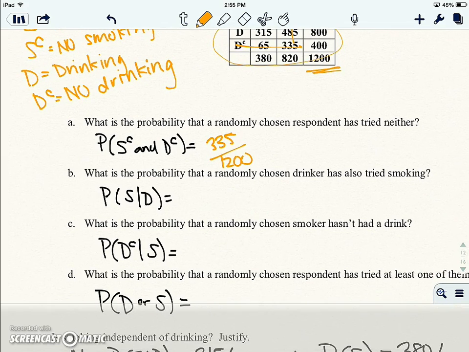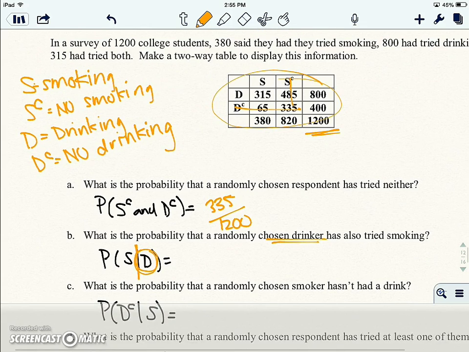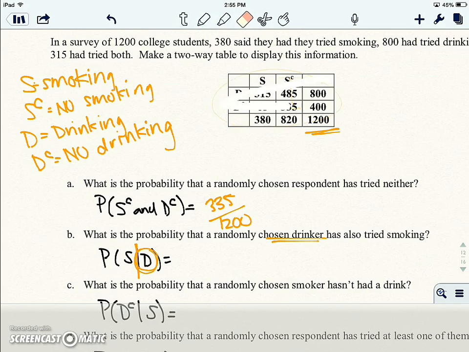What is the probability that a randomly chosen drinker has also tried smoking? Now we have a given, because we know that the person was a drinker, so that becomes my denominator. How many people drink? Let's clear this table off and look. We have 800 drinkers, and of those 800 drinkers, 315 also smoke.